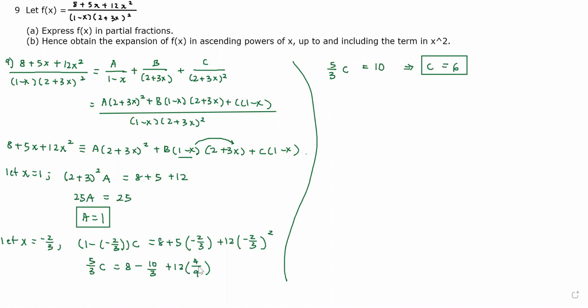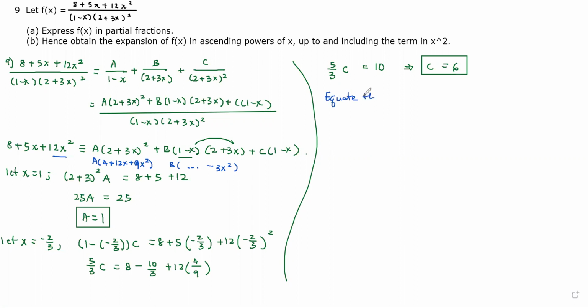So if you look at this A here, you have 4 plus 12x plus 9x squared. And then if you look at B here, you have something, and then we have minus 3x squared. So we only need to look at the coefficient of x squared to find the value of B. You can of course substitute any value into x, but that is just too troublesome.